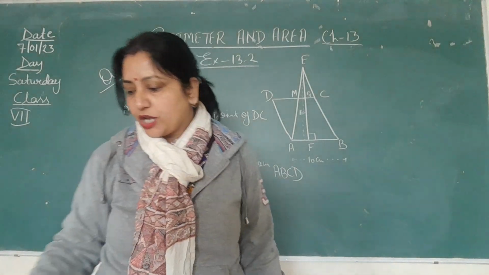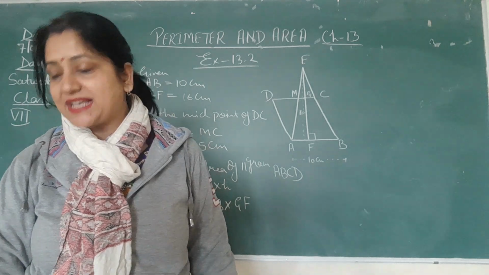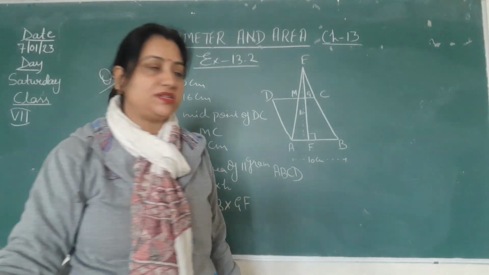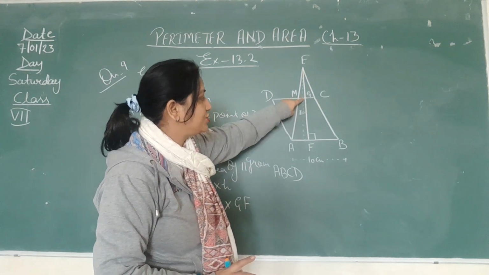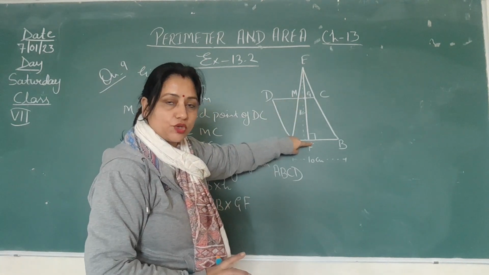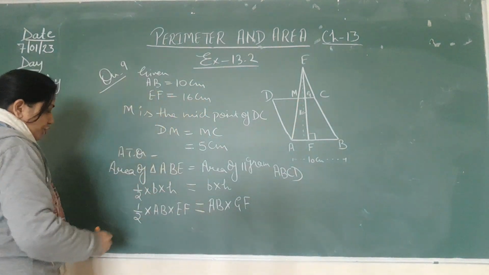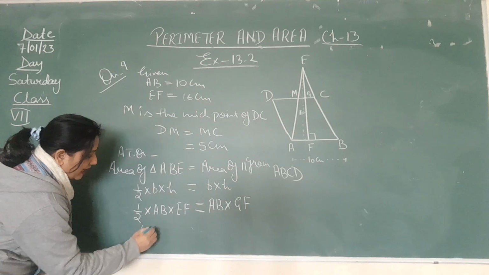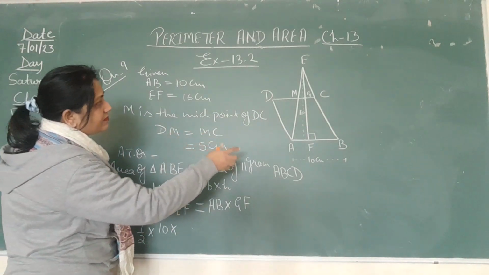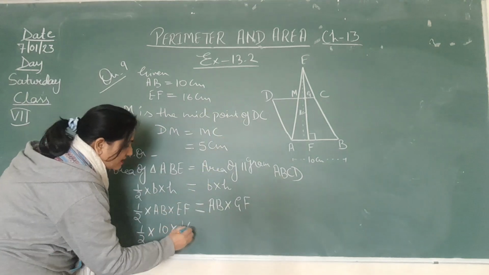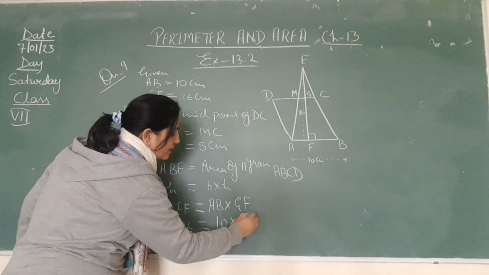According to your first part, you have to find the length of the altitude of the parallelogram to the base AB of length 10 centimeter. It means in the first part you have to find the length of G to F, the corresponding height GF. Now I am going to put the values: 1/2 AB, we know that is 10 centimeter, EF is 16 centimeter, is equal to AB, again 10 centimeter, and GF we have to find out.